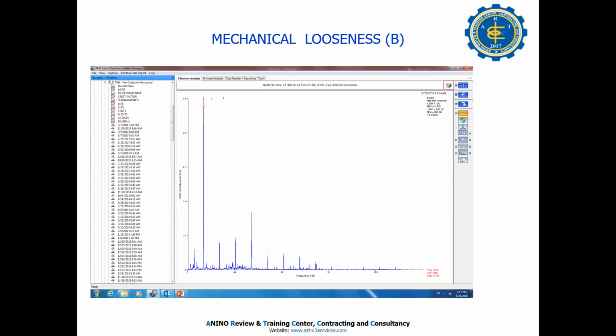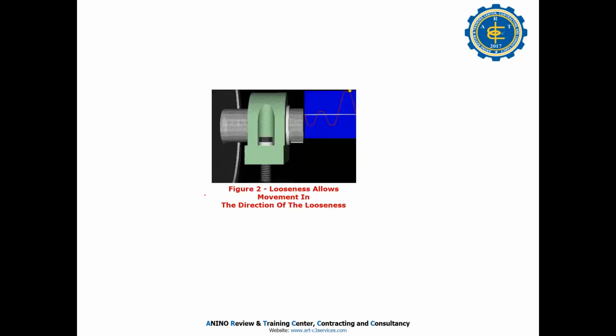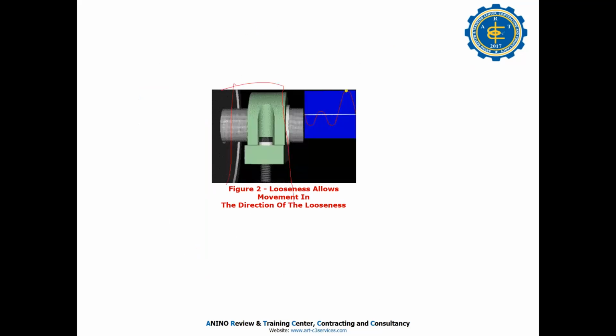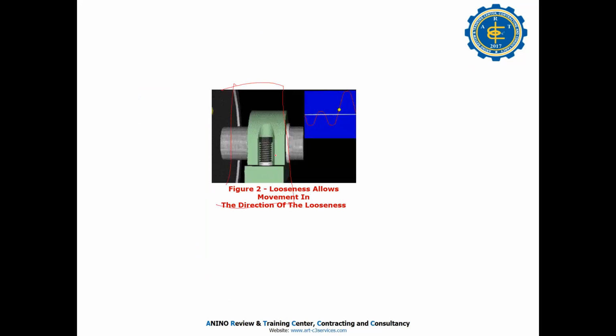And then we have subsynchronous, I have 0.5x, right? Okay, so it's easy to identify the mechanical looseness B. So this one, loose bolt in the pillow block. This is the pillow block.